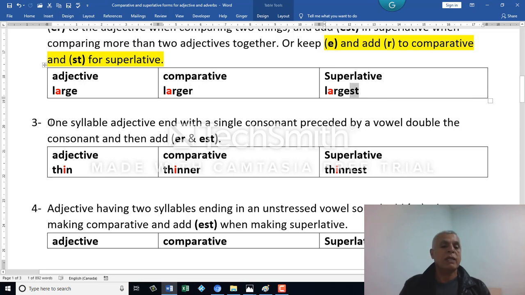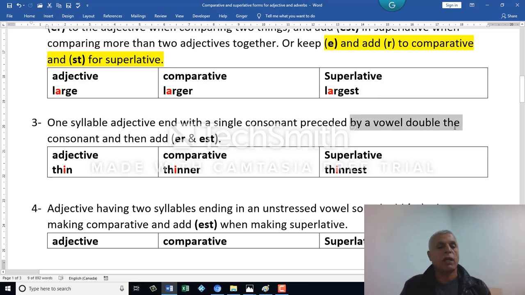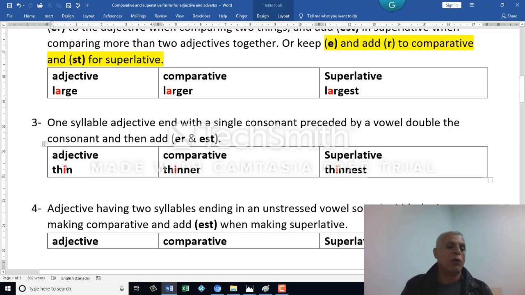Then we have a one syllable adjective ending with a single consonant preceded by a vowel. Double the consonant and then add er or est. For example, if you look here, we have only one vowel, one syllable. We have thin.